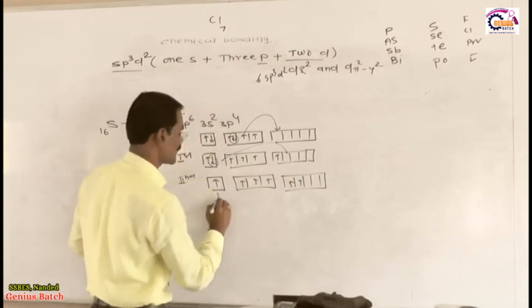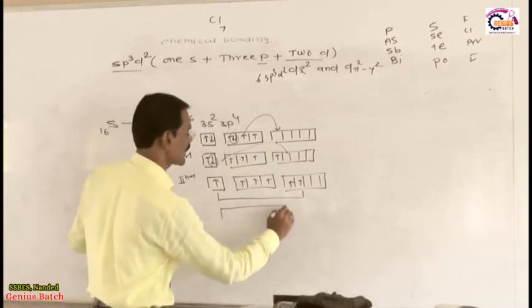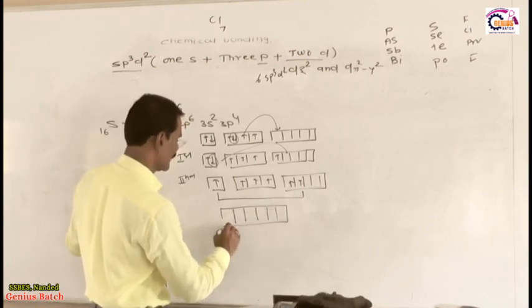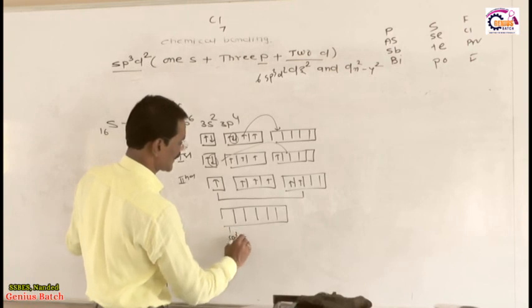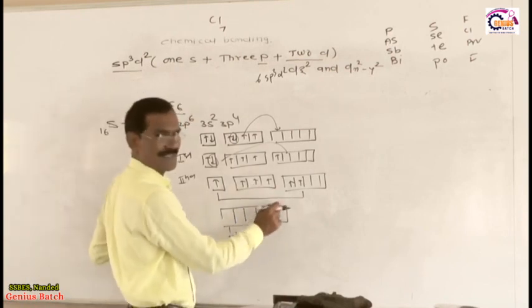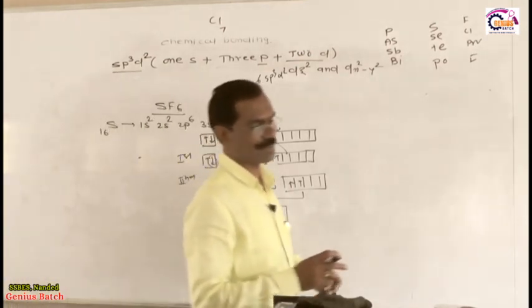Mixing of 1s, 3p and 2d orbitals takes place, and after mixing it gives 6 new orbitals, all sp3d2.